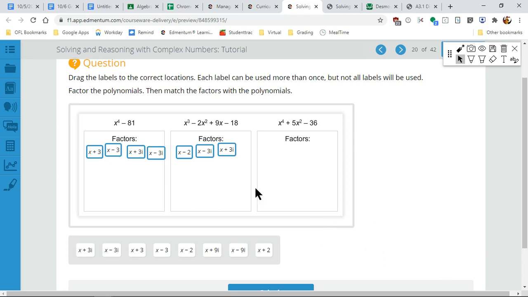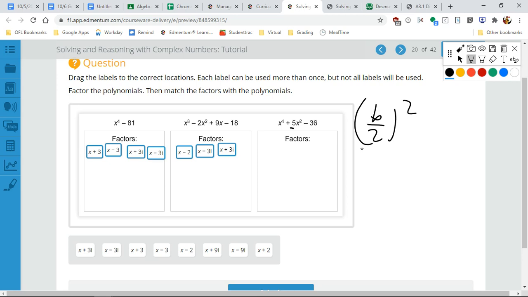Now, here comes the tricky part. This is the part they really want you to start getting into. I'm just going to do this using the b squared method.